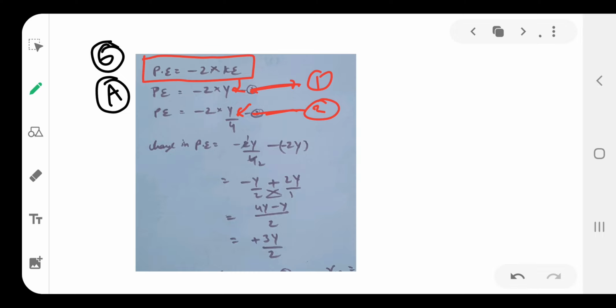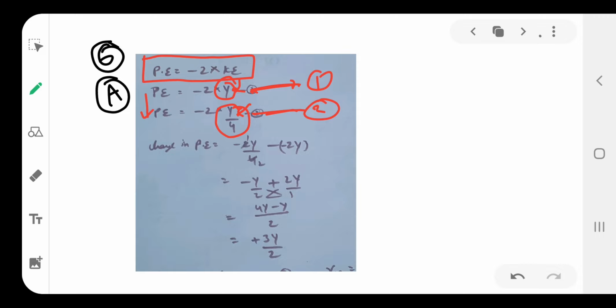Then the change in potential energy. If kinetic energy changes from Y to Y by 4, how much does the potential energy change? The change in potential energy is the difference. So equation 1 is subtracted from equation 2. That is the difference, the change in potential energy.